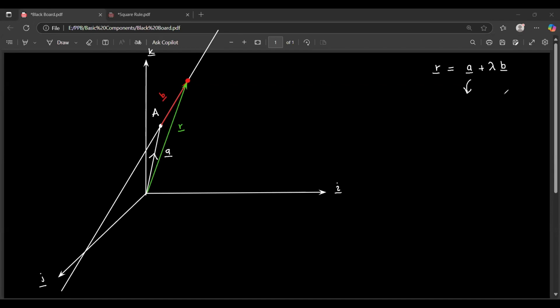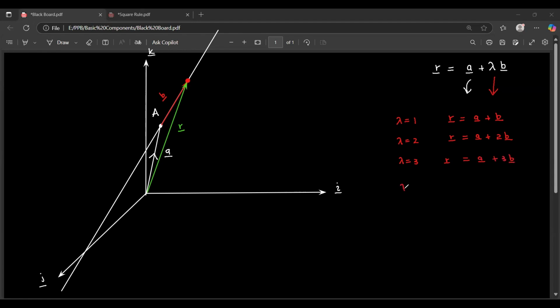And for specific values of lambda, let's say if lambda is equal to 1, R can be given as A plus B. If lambda is equal to 2, R is A plus 2B. If lambda is equal to 3, R is A plus 3B.